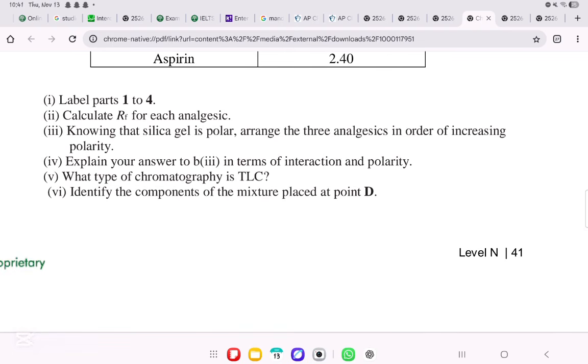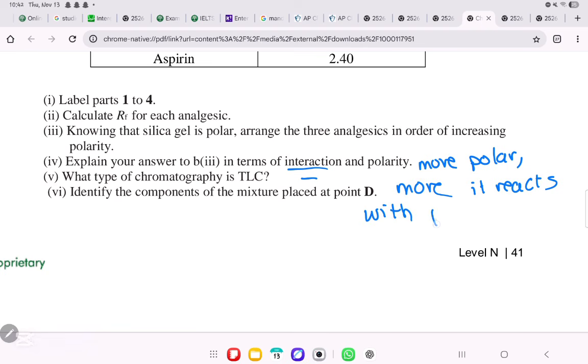They said explain your answer to part III in terms of interaction and polarity. So now they're telling us why, if something is more polar, it will travel a less distance. Well, you have to think about it as interaction. The more polar something is, the more it reacts with the polar sheet behind it, the polar silica gel.